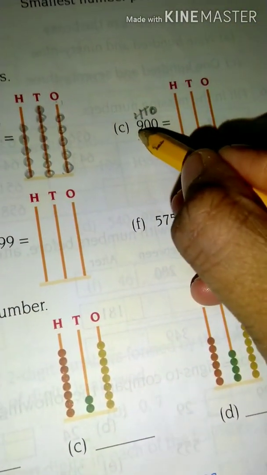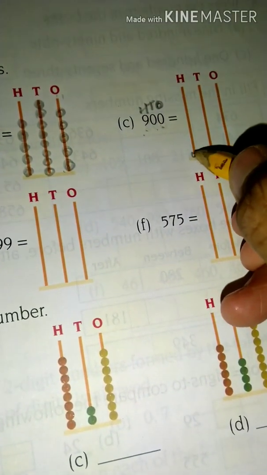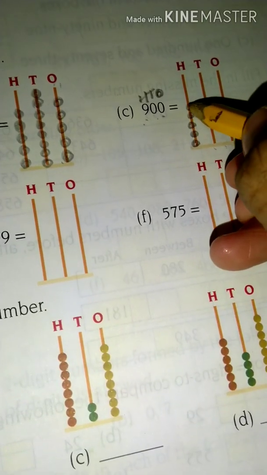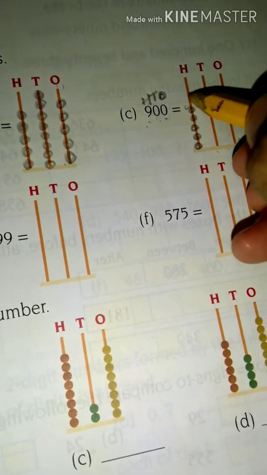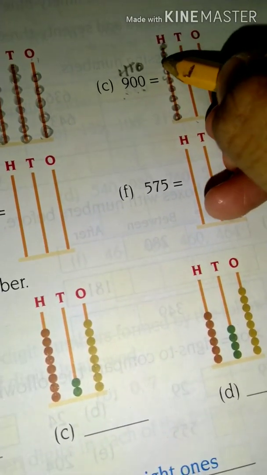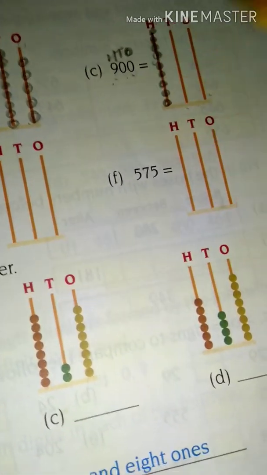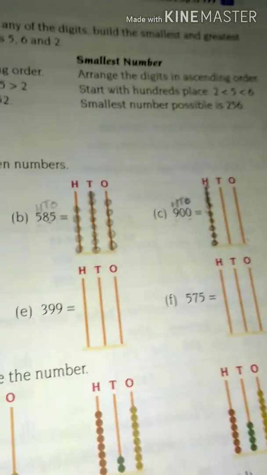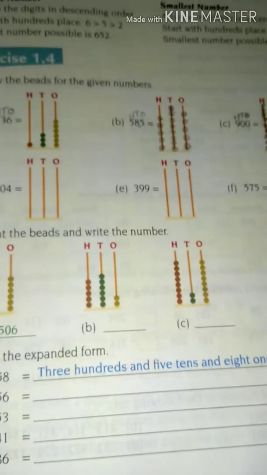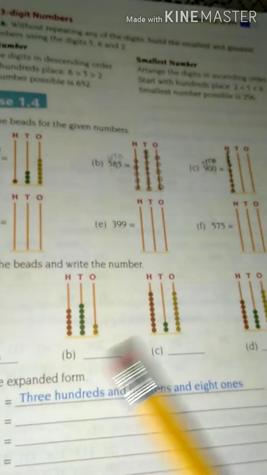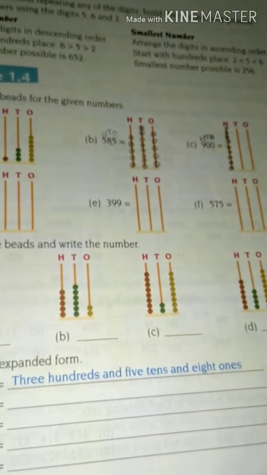It's just 9 in the hundreds column, so we'll put 1, 2, 3, 4, 5, 6, 7, 8 and 9 like this. That's it. So this is the way to do these questions. I'll give you these questions in the worksheet, so you'll finish the rest of the questions like this only.